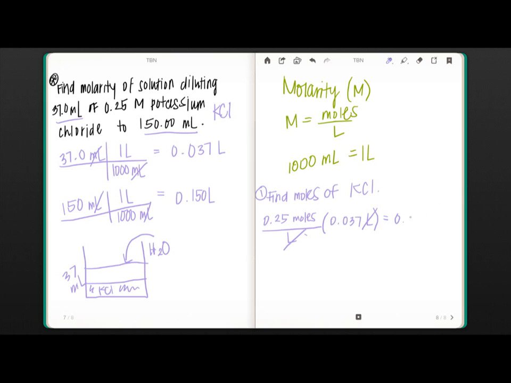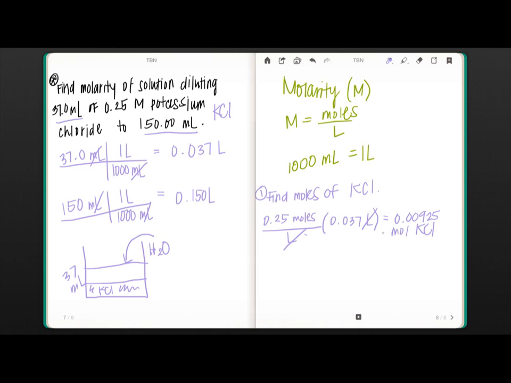You should end up getting 0.00925. And that is your moles of potassium chloride.